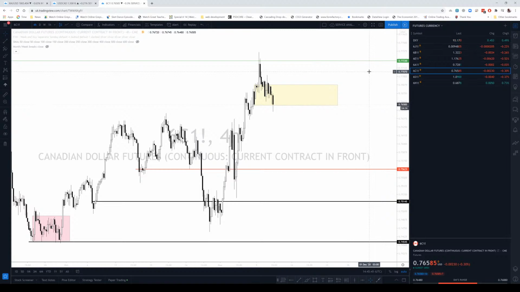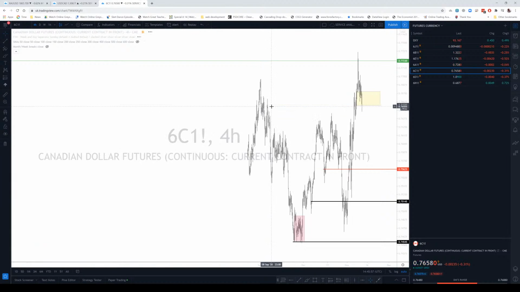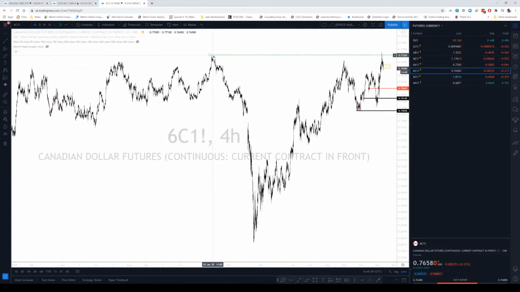But what I wanted to say was, I'm looking at the CAD and looking at this down candle. Once we close below that one, because you're just taking out a long term, I think this year's high basically.